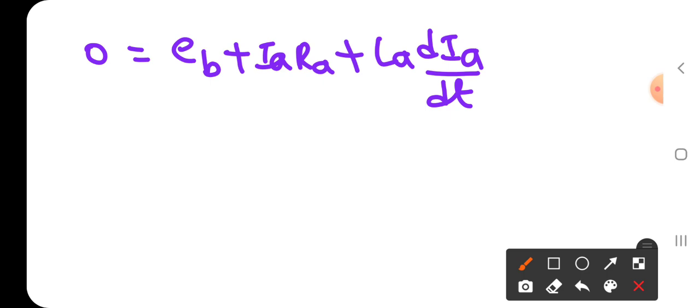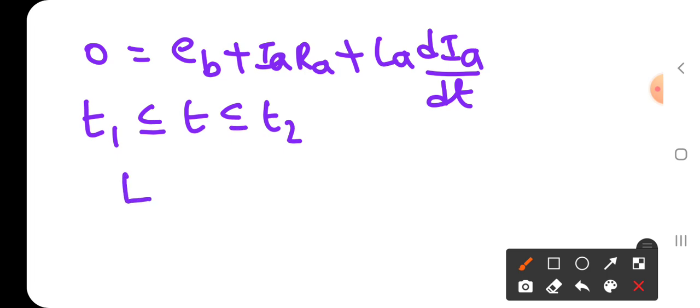Now what happened from T1 to T2? From T1 less than or equal to T less than or equal to T2, what happened? Inductor discharges its energy. It is from maximum to minimum. So when the inductor is discharging its energy, then what happened?